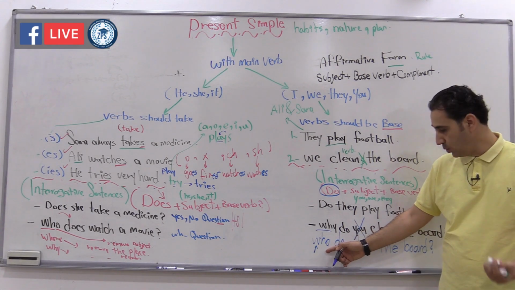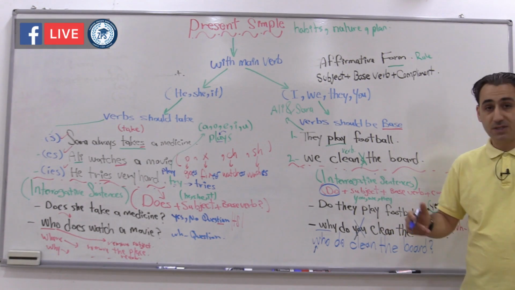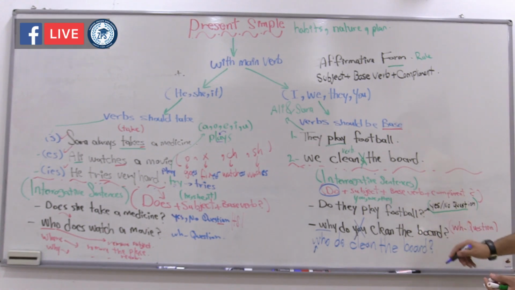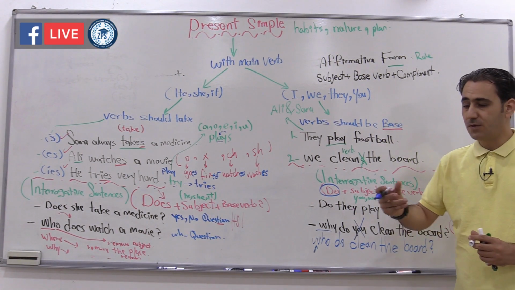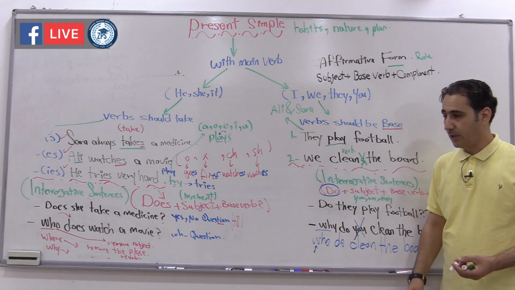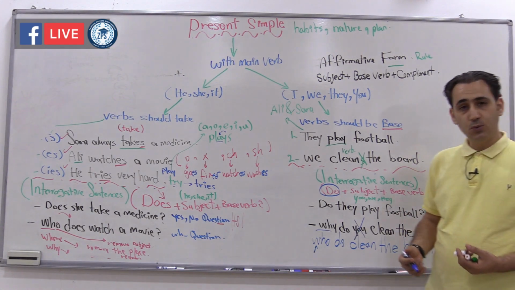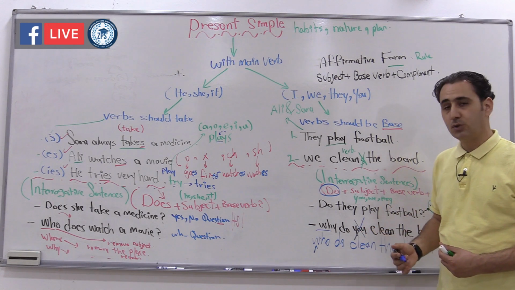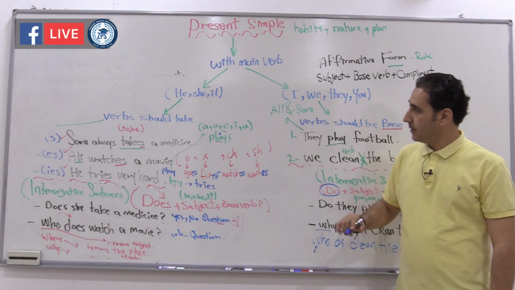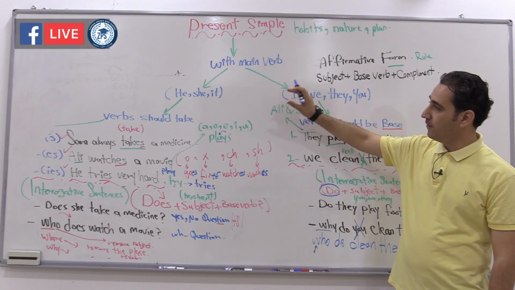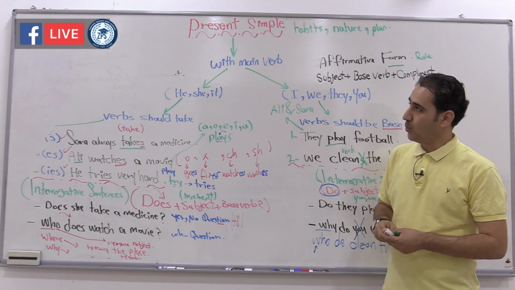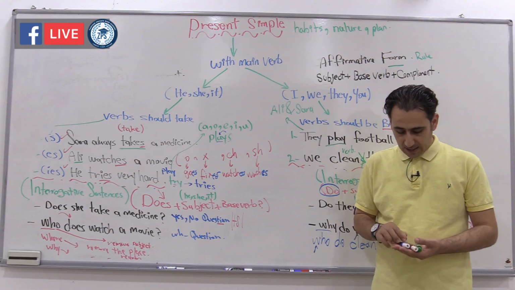So when we are using who, we should remove the subject. And why? Why do you clean the board? There's no reason. But if there's a reason, you should remove the reason, then put why. And if there's a place, when you are asking someone about the place, you can use where. Then we should remove the place. Okay? So this is the present simple with main verb with affirmative sentence and with negative sentence.